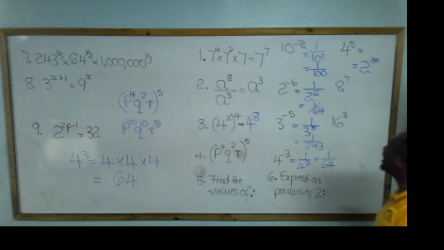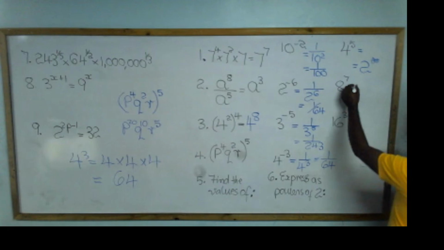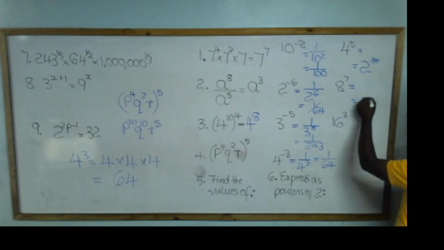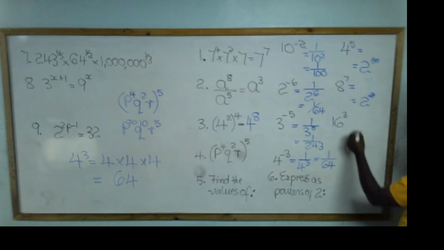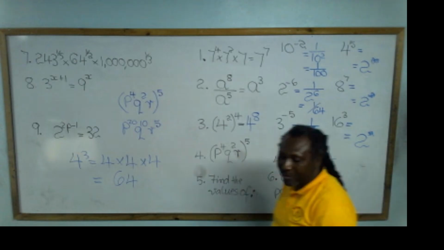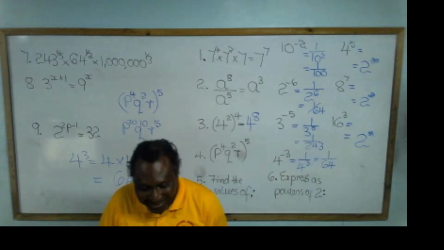That's what the answer should look like. For 8, your answer should look like 2 raised to the power of something. And for this one, your final answer should look like 2 raised to the power of something. That's what we mean when we say express as powers of 2.